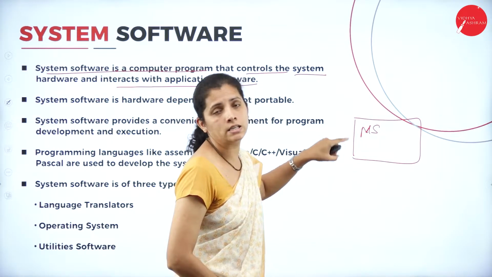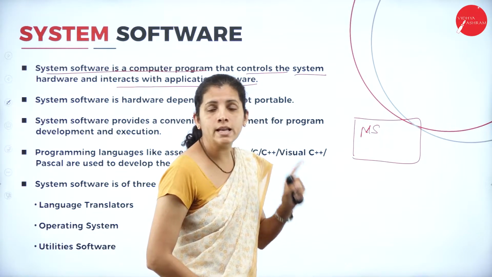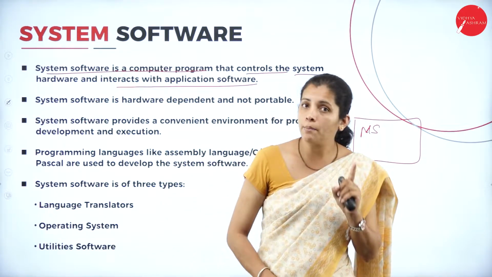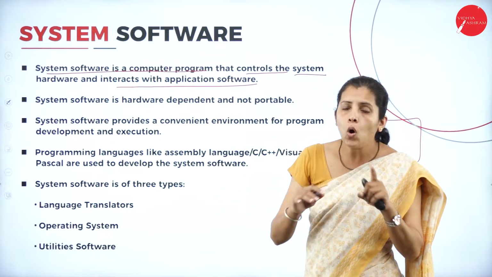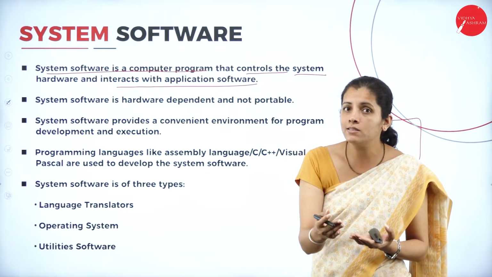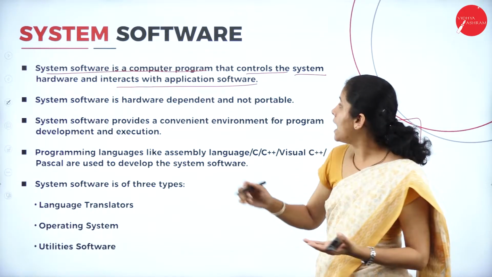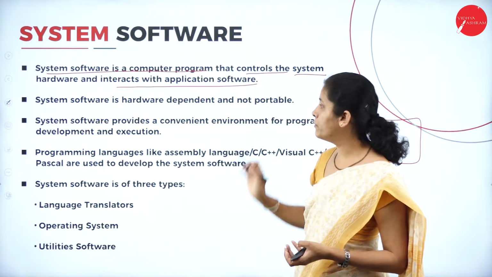What hardware? That is keyboard. So dear student, system software is nothing but the computer program. It is going to control all the hardware which is connected to the computer system. Along with that, it's going to interact with the application software.